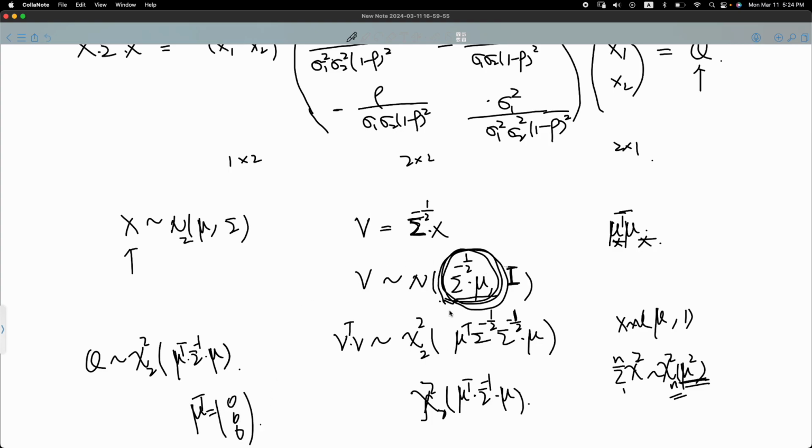If you think about it, if you start with a central normal distribution, then take a transformation and get the chi-square, of course it's going to be a central chi-square. So when mu equals 0, you end up with a central chi-square. That makes intuitive sense.